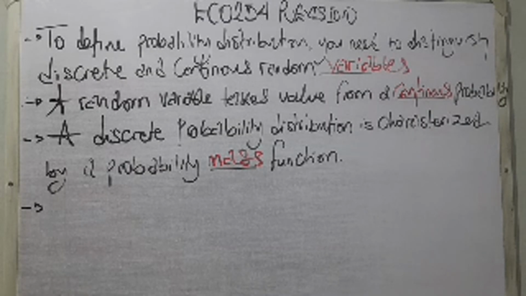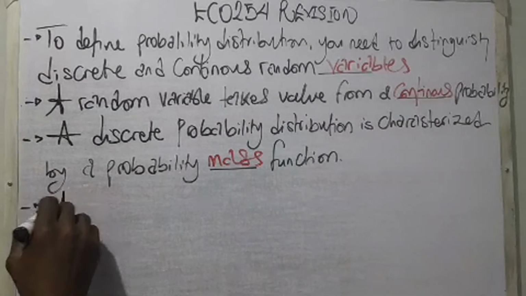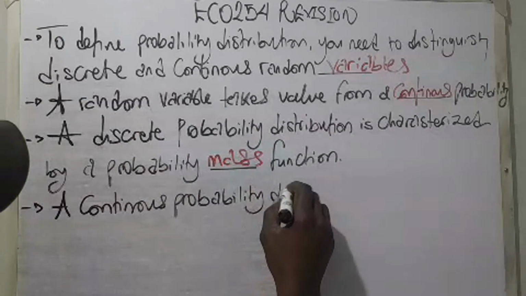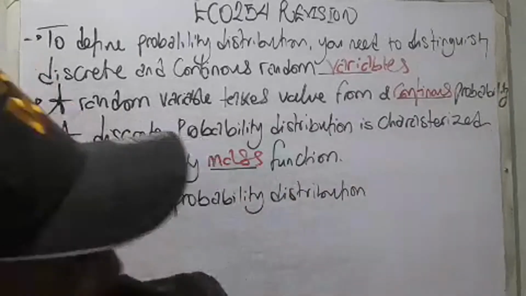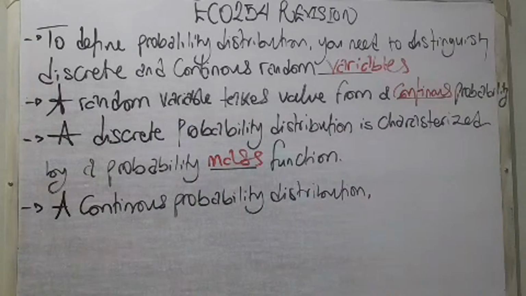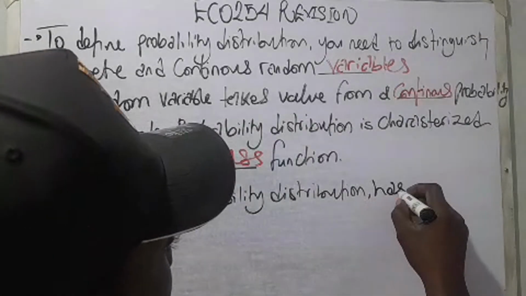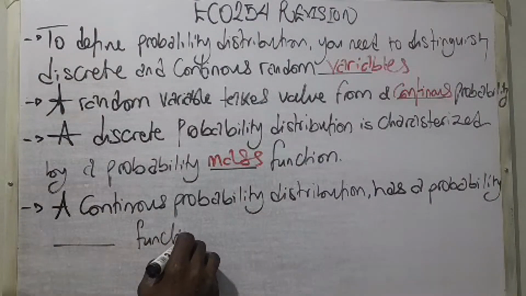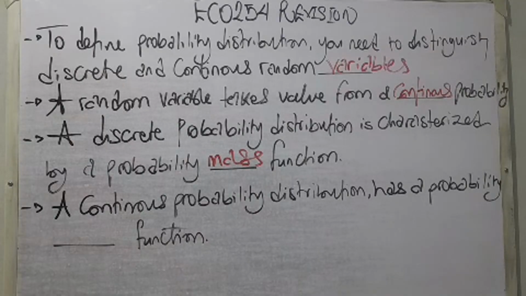A continuous probability distribution is a probability distribution that has a probability dash function. That is for continuous.